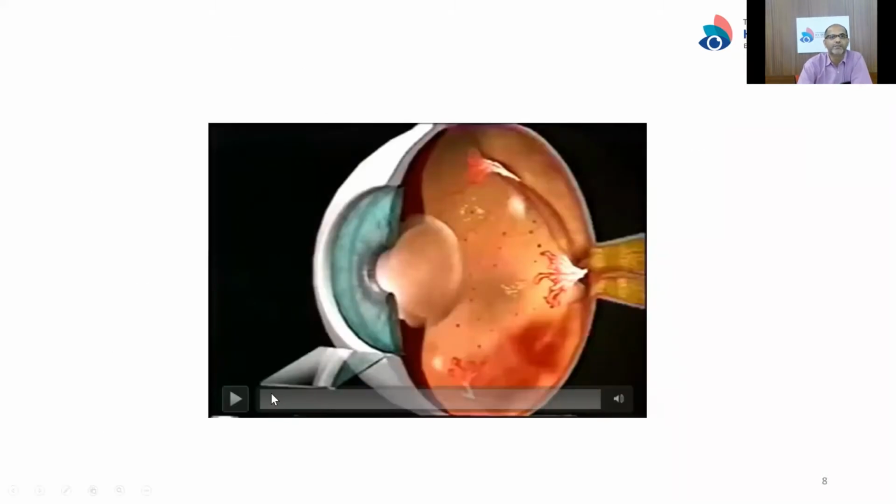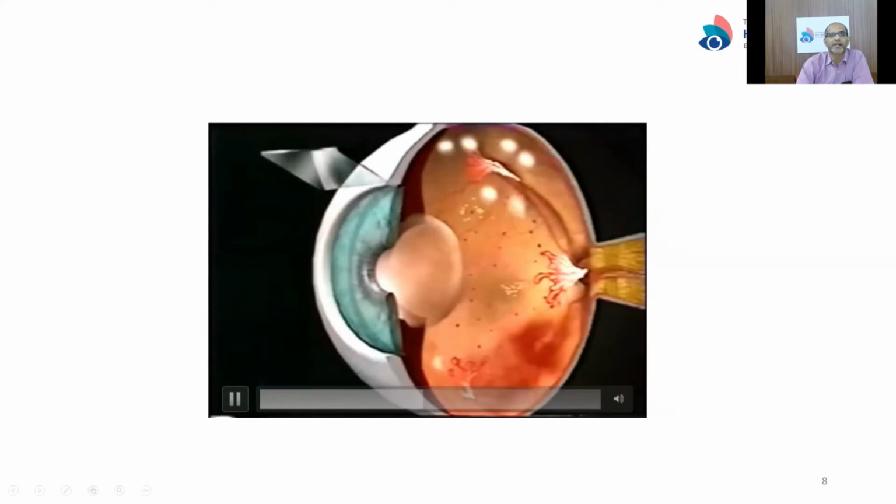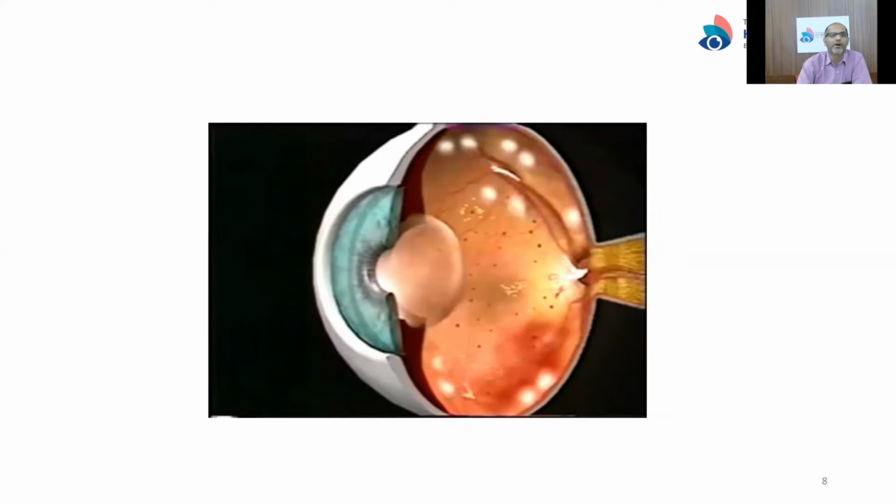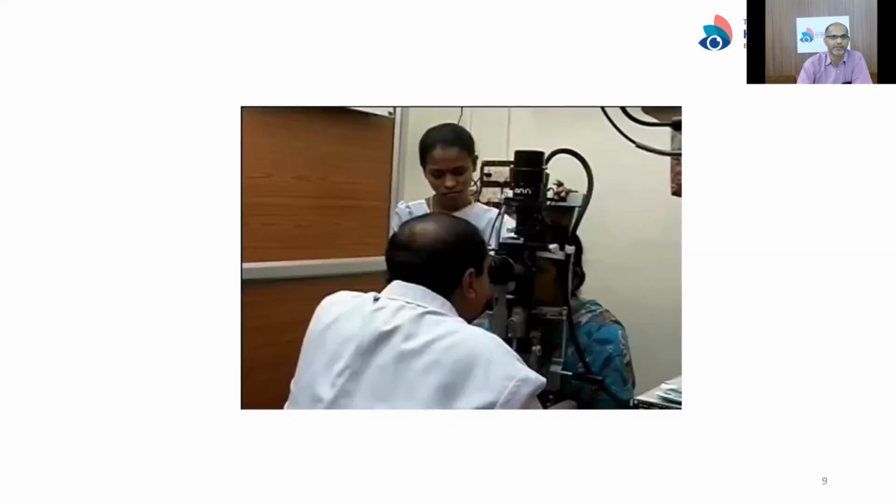So how does this photocoagulation work? Pan-retinal photocoagulation is applied in the periphery as well as at the posterior pole, away from the arcades of blood vessels. The main aim of giving this pan-retinal photocoagulation is to decrease the oxygen demand of the retina so that the neovascular fronts that are formed will regress.